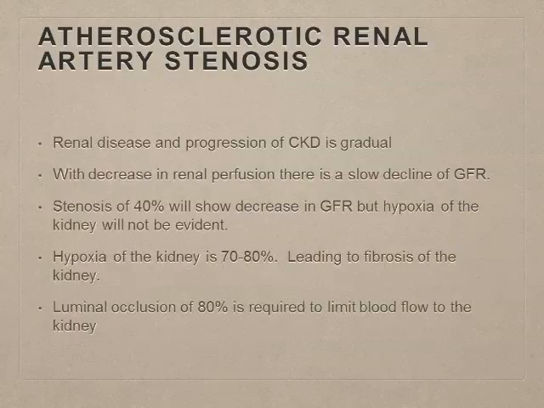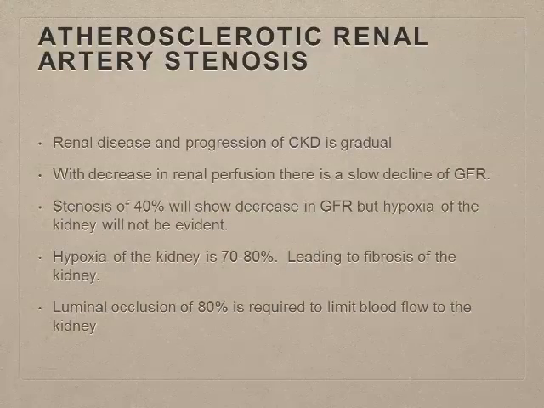So this lady had known chronic kidney disease, but it was a gradually progressive disease and it wasn't acute in nature. Atherosclerosis of the renal artery is a slowly progressive decline of kidney function. It usually does not happen acutely. You can see effects on the GFR at about 40% stenosis of the renal artery.